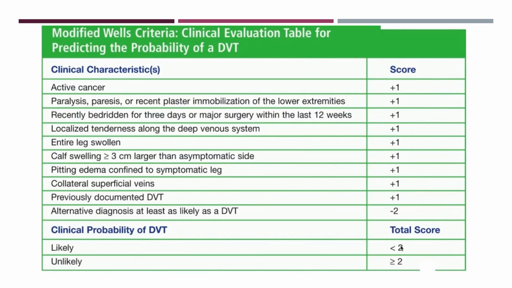You may also want to star this slide. Okay, so this is our Wells criteria. This is basically a little tool that you can use to help rule in, rule out the clinical probability of a DVT. And when I was a student in my first 2-week rotation, we used this on one of our patients.